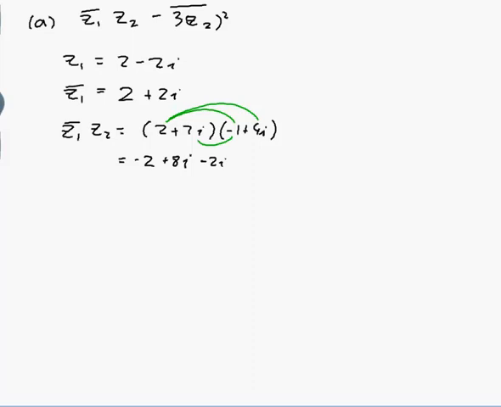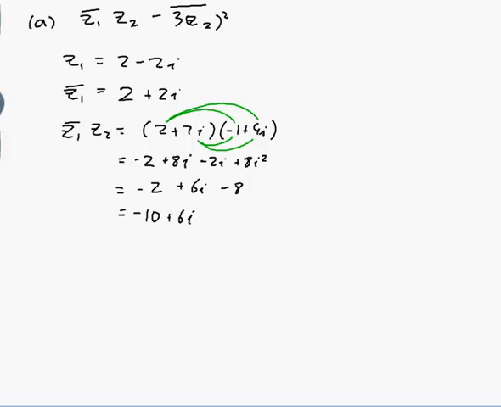And 2i times 4i would be 8i squared. Okay, so let's just think about this. We've got minus 2. 8i minus 2i would be 6i. And 8i squared, well, i squared is minus 1, so that would be minus 8. So that would be minus 10 plus 6i.